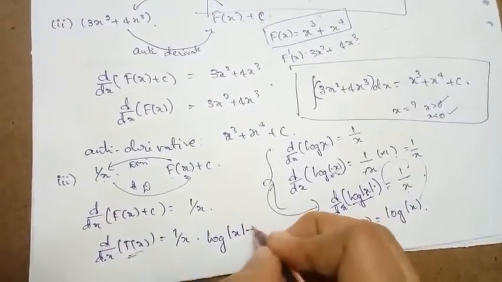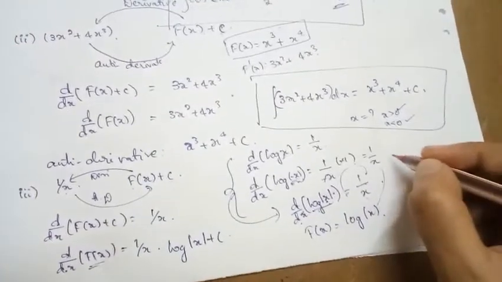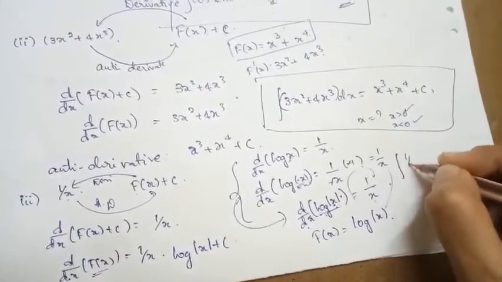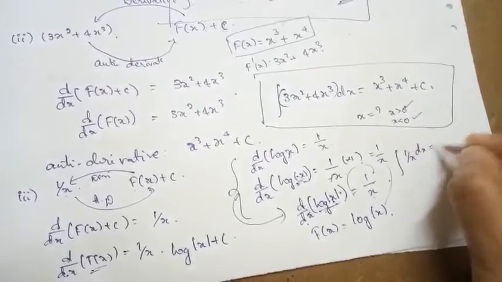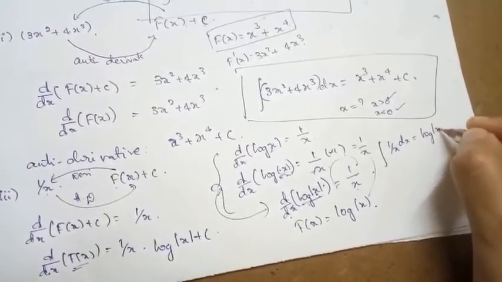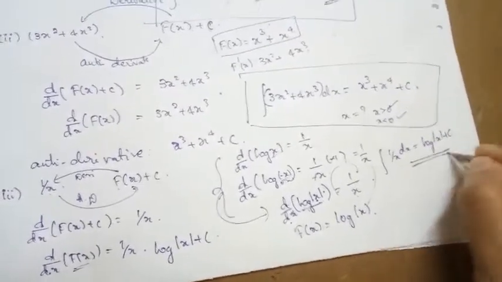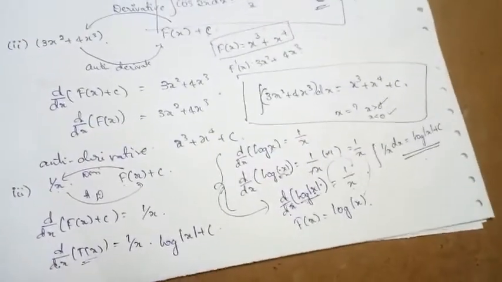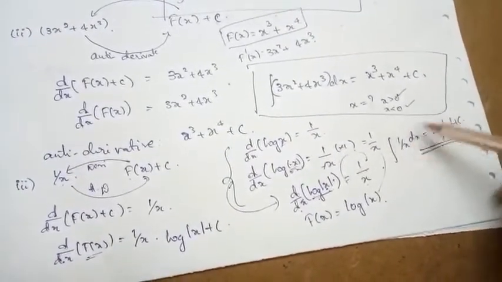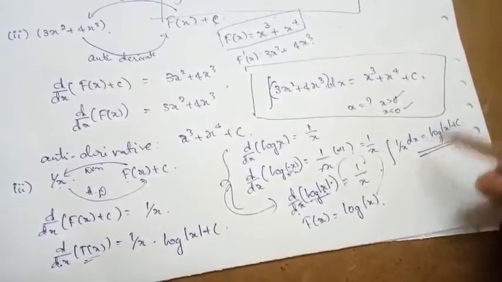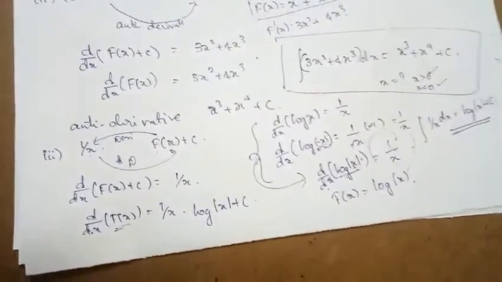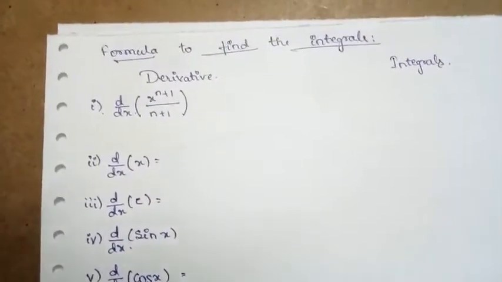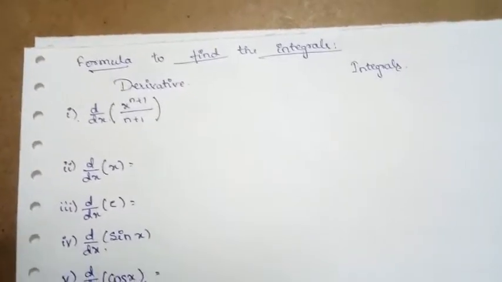If I write it in symbolic representation with plus c, the integration of 1 by x dx is equal to log of mod x plus c. So this is how we get the integral of 1 by x. Now let us move on to find the formulas for how we find the integrals.